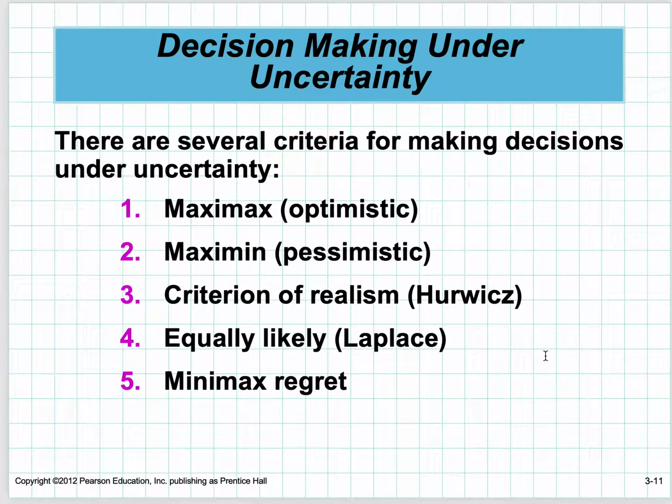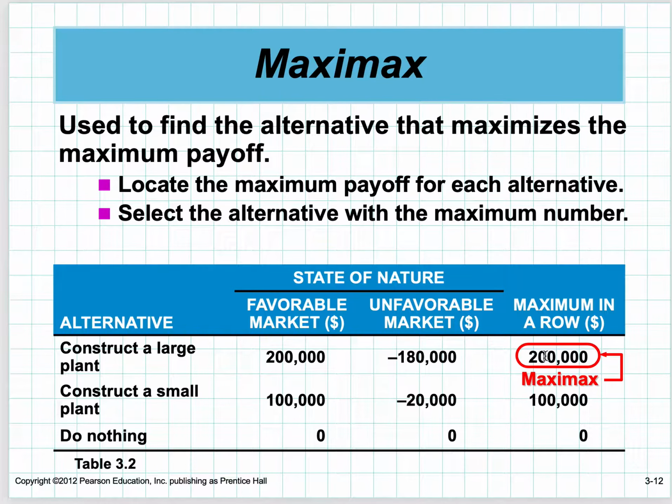And I think Laplace is just a specific application of the Hurwicz model. So 3 and 4 are really the same. And then we have this thing called Minimax Regret, which is a little bit convoluted. So really 1 through 4 are the most important. And I really think it's just 1 through 3, but we will cover Minimax Regret.